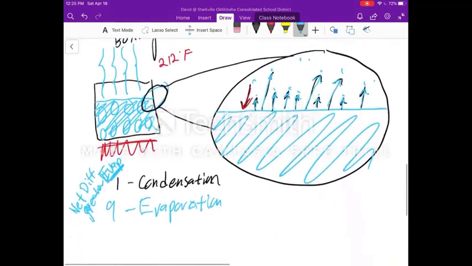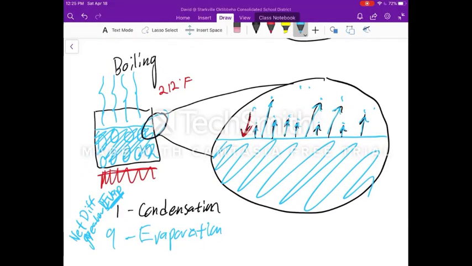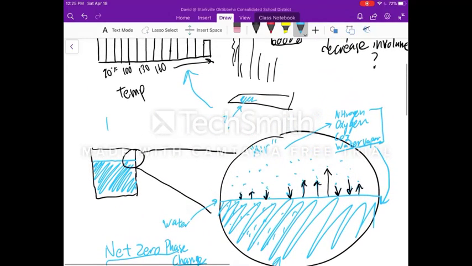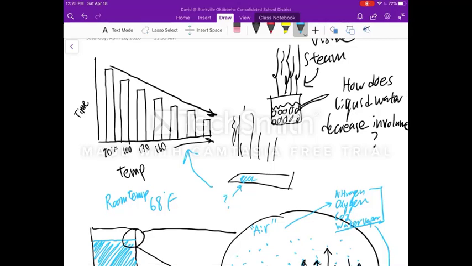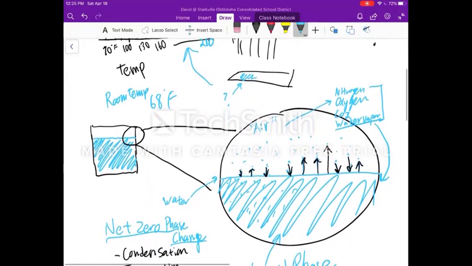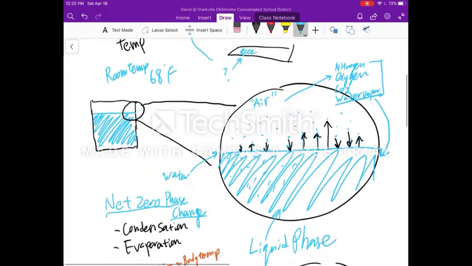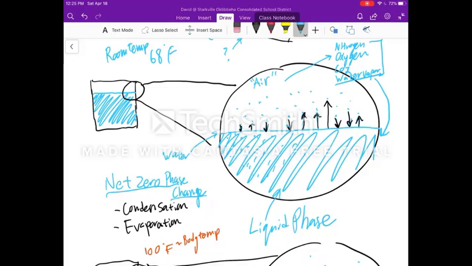So now when we look at these three different temperatures, at boiling, 100 degrees Fahrenheit, and room temperature, which might be like 68 degrees Fahrenheit, or about 70, there's a decrease in the amount of time it takes for that water to become vapor, because there's an increase in evaporation.